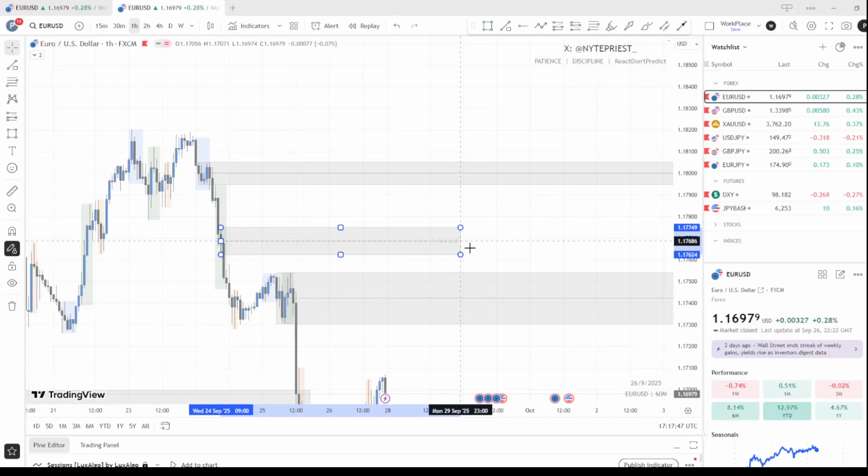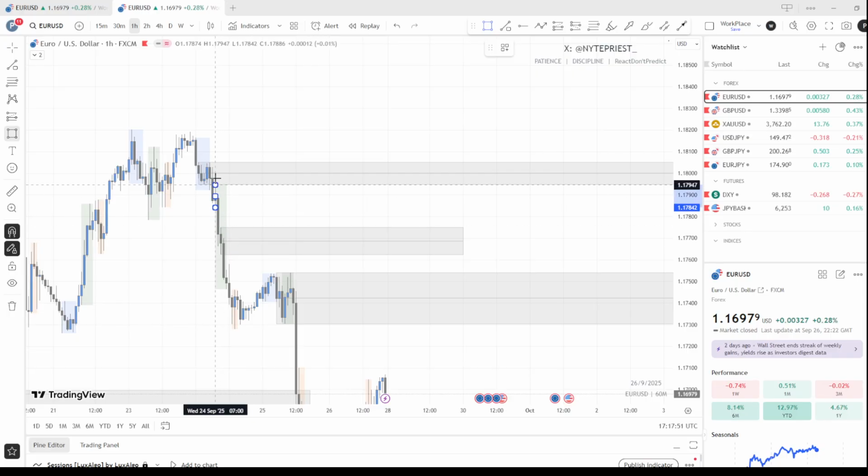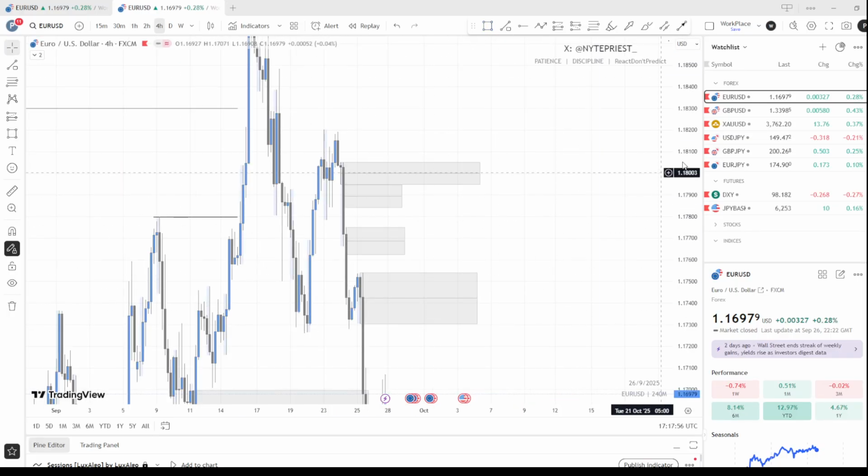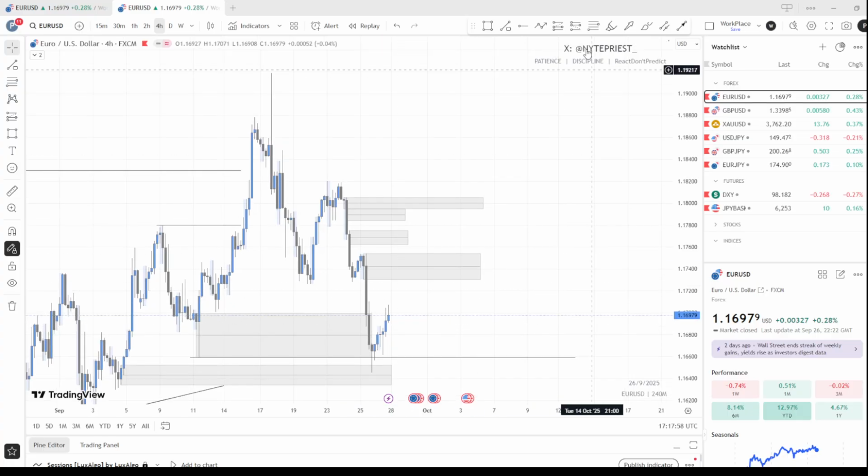1-hour order block or this order block. So on the 4-hour time frame, we don't have any liquidity.